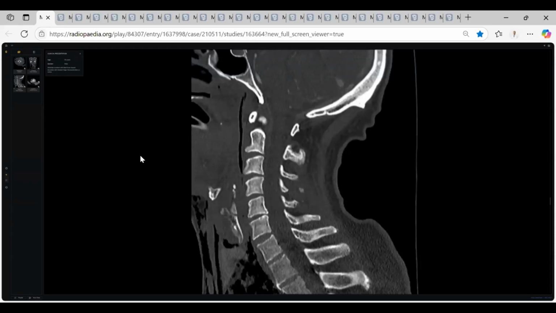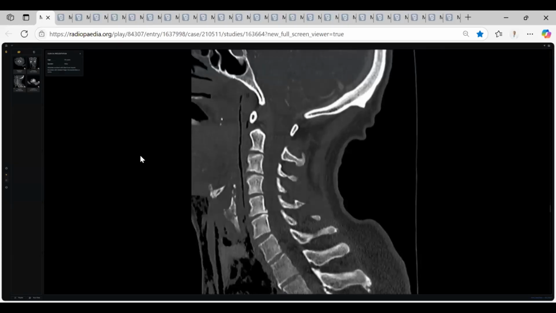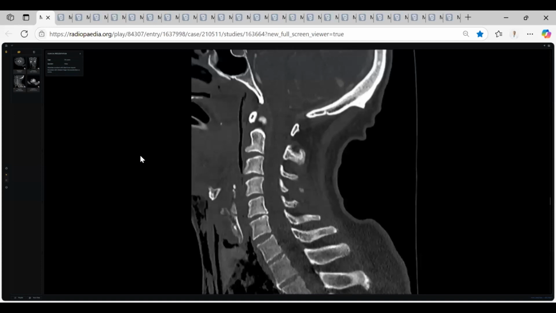And these are the thyroid cartilage, which appears to be injured. I have to look again at the axial images. The thyroid cartilage appears to be fractured. Thank you, you did very, very well.